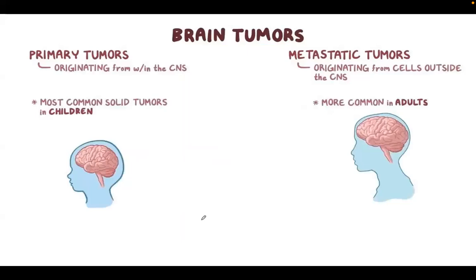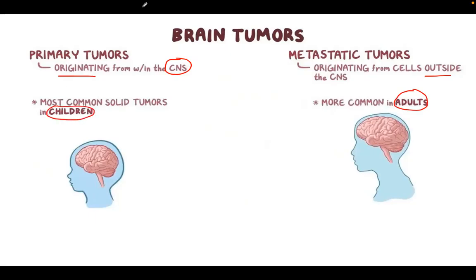Now, as mentioned earlier, primary tumors originate from or within the CNS, while the secondary, which we refer to as the metastatic tumors, originate from cells outside of the CNS. Metastatic tumors are more common in adults, while primary tumors are the most common solid tumors in children.